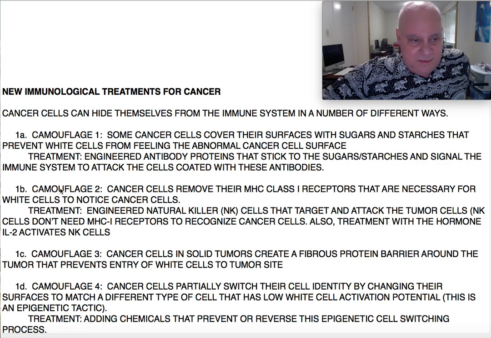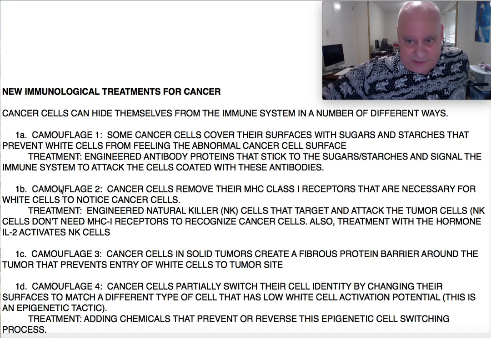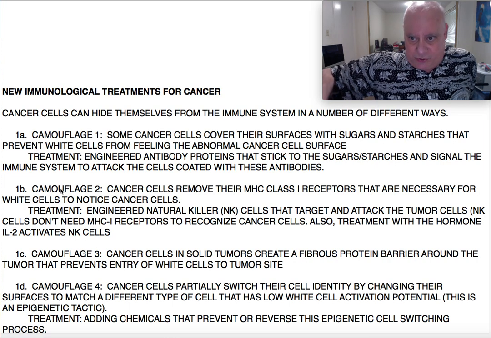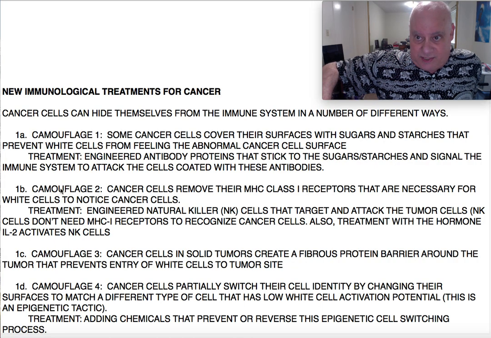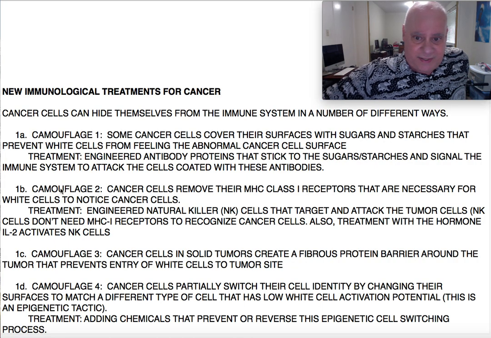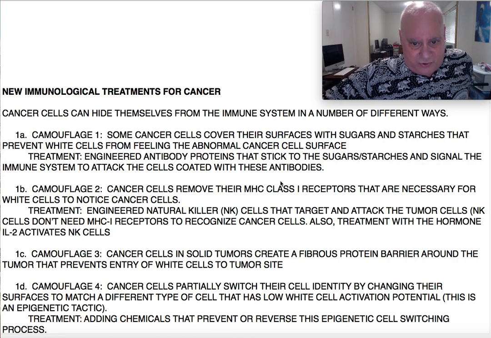Another way that cancer cells hide themselves from the immune system is they remove a certain protein receptor from their surface, which is a protein receptor that most white cells need in order to determine that a cell is abnormal or shouldn't be there. These are called MHC class 1 receptors.